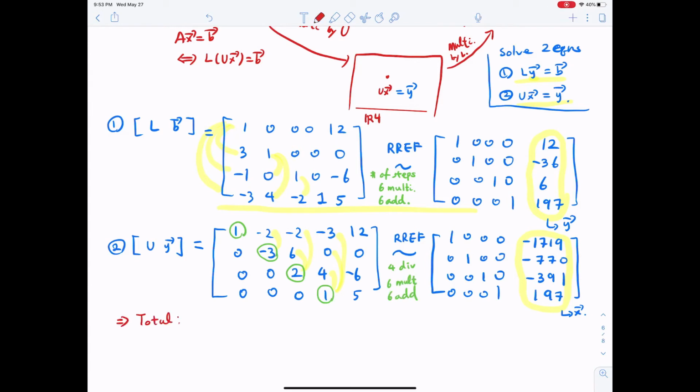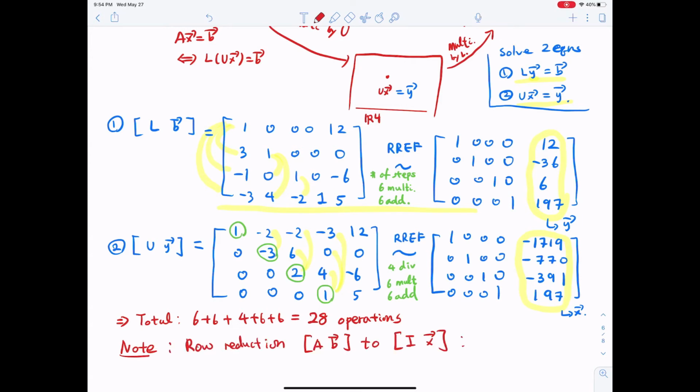Overall, we need a total of 6 plus 6 plus 4 plus 6 plus 6, which is 28 operations. And if you compare this with the usual row reduction, it actually takes 62 operations. So this tells you that using the LU factorization is more efficient than the usual row reduction method.